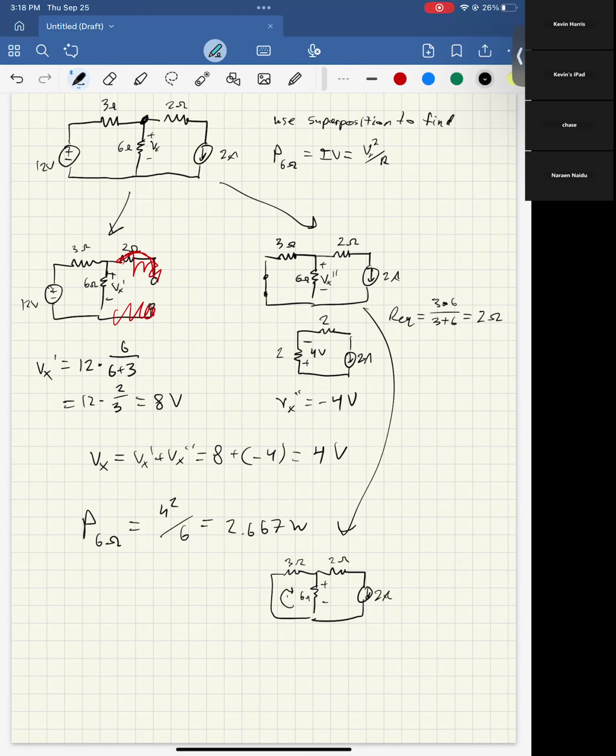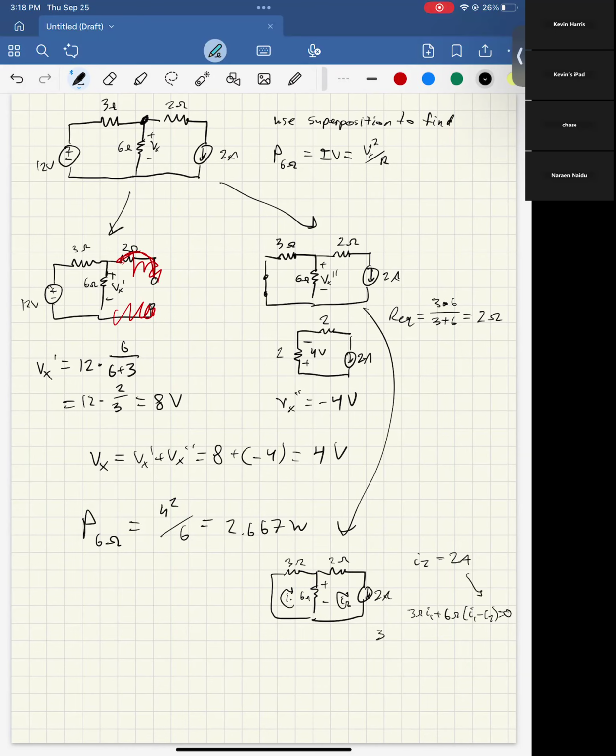And then if this is our I1 and our I2, we know our I2 is very straightforward, just going to be 2 amps because of the current source. And then for I1, we would have 3 ohms times I1 plus 6 ohms times I1 minus I2 equals 0. Then we can plug in our 2 amps here and solve for I1.